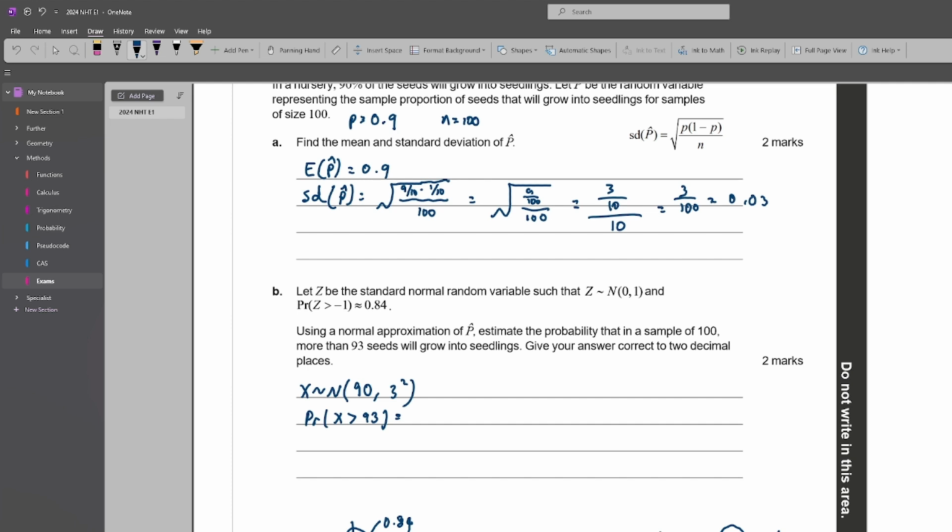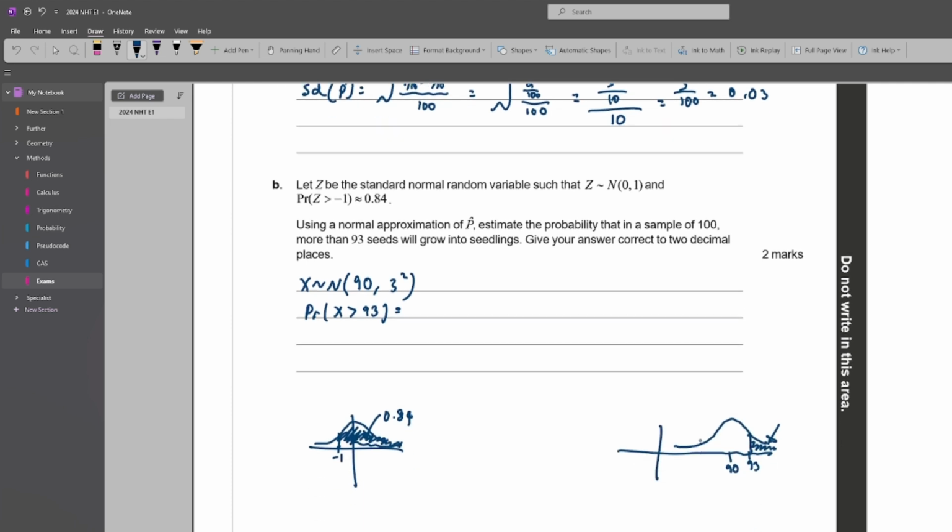So you can see that this is the equivalent, it's one standard deviation greater than, so it's the equivalent on the standard normal of greater than 1. These are the same areas because they're both one standard deviation greater than the mean. And by symmetry of the normal distribution, this is equal to this unshaded region here, and that's 1 minus 0.84, which is 0.16.